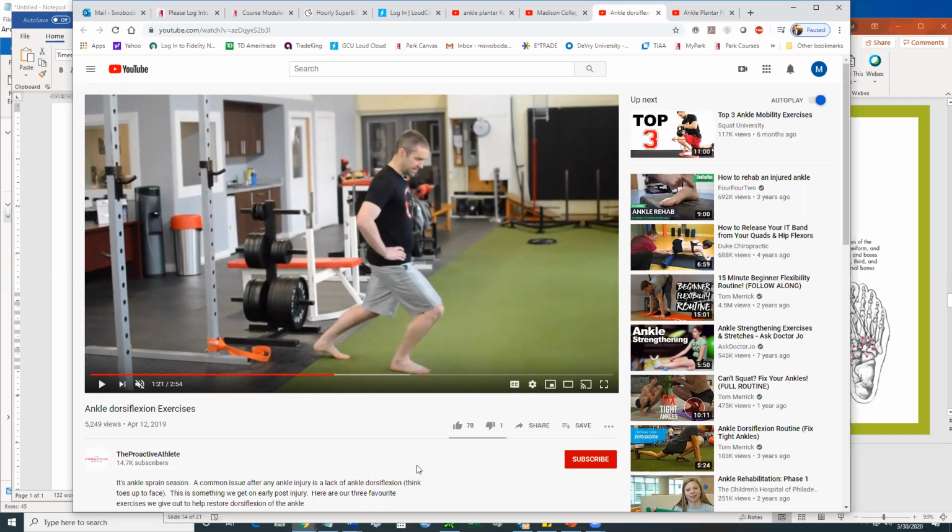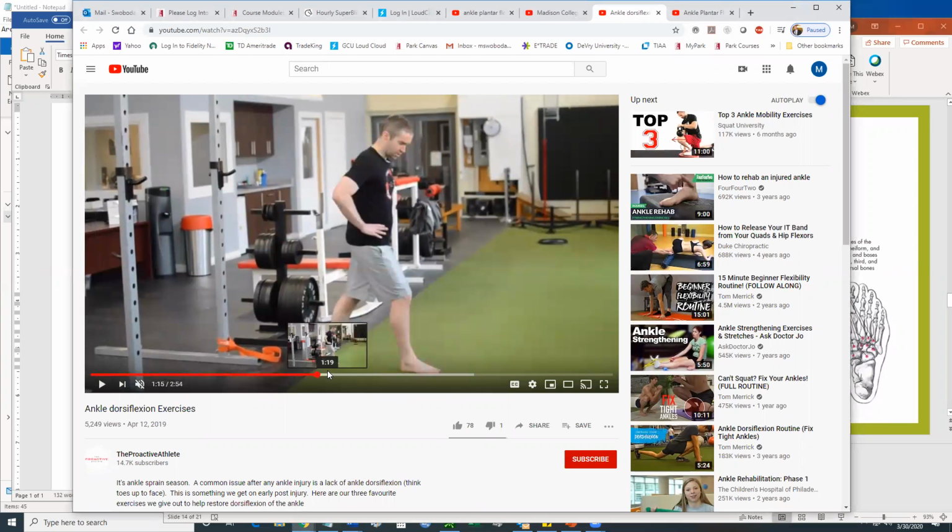But the true definition of dorsiflexion versus plantar flexion is that dorsiflexion is going to decrease the angle made from the foot and the lower leg. So if he's standing straight up, for all intents and purposes this is a 90-degree angle, so that would be neutral.